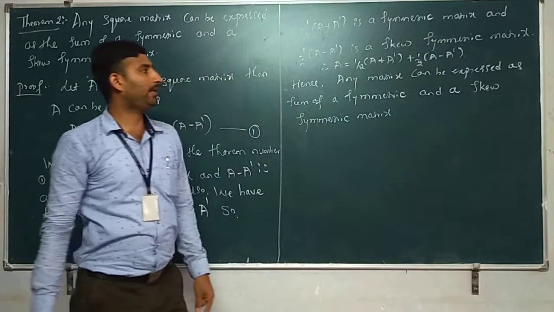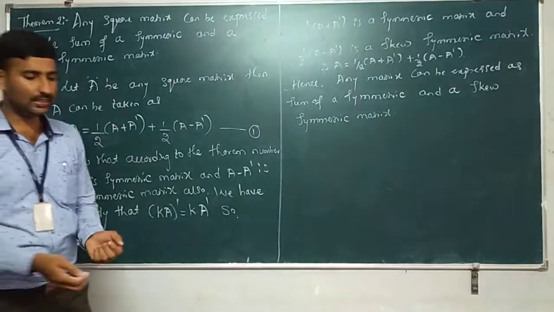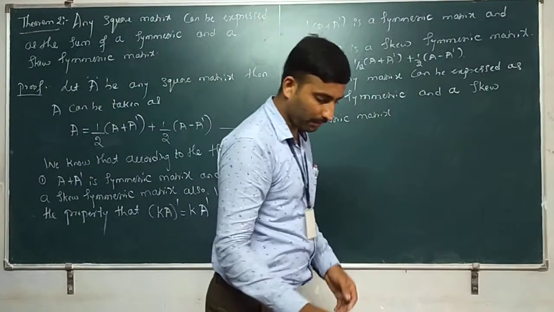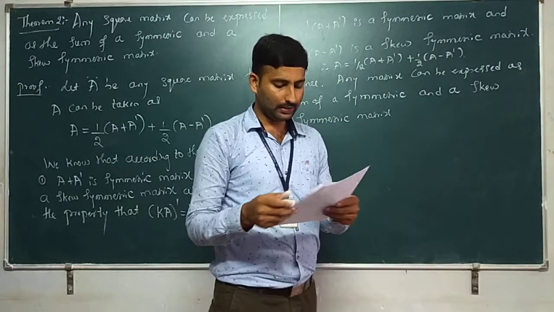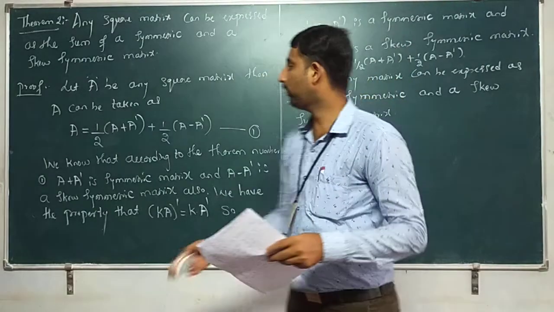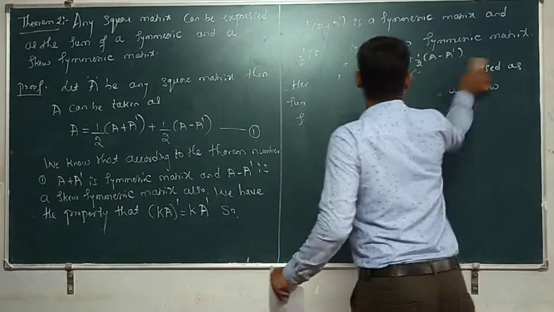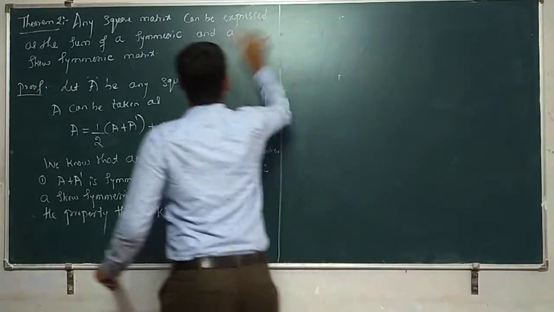Hence, any matrix can be expressed as sum of symmetric and skew symmetric matrix. This is the theorem number 2. After that, we should take some problems based on these theorems, theorem number 1 and theorem number 2.